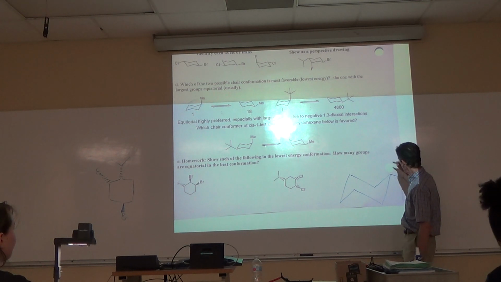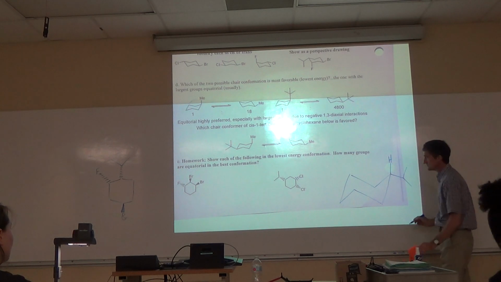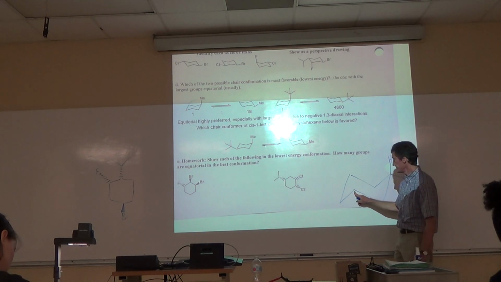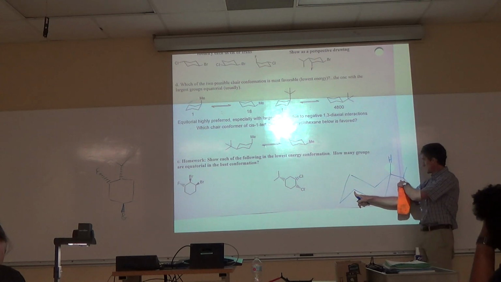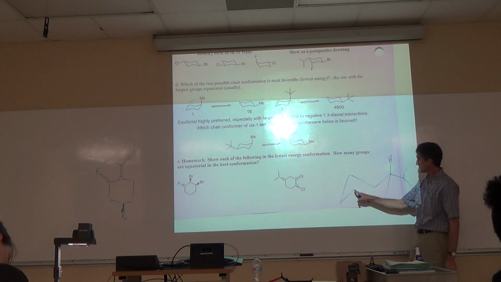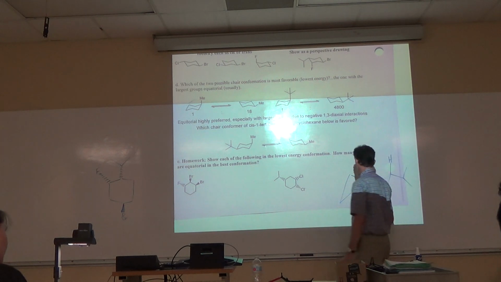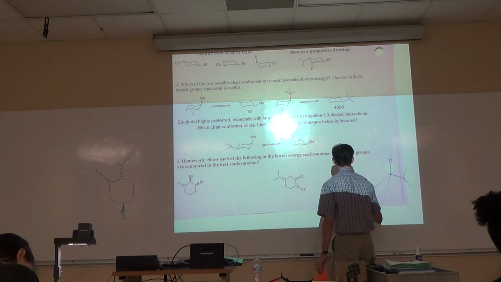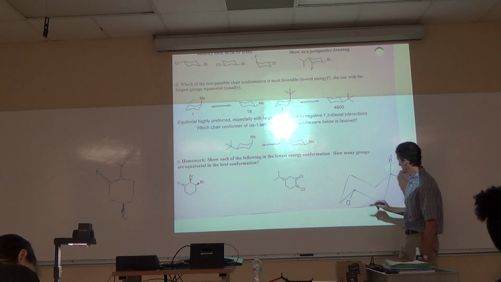I'll draw in the H's here. Chlorine would be here. If that is like that, the chlorine is going to be axial or equatorial. To be cis, the chlorine needs to be equatorial, correct?